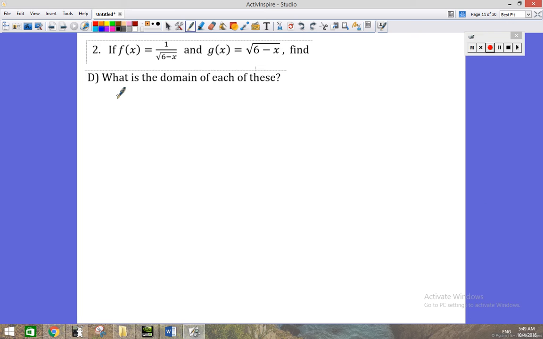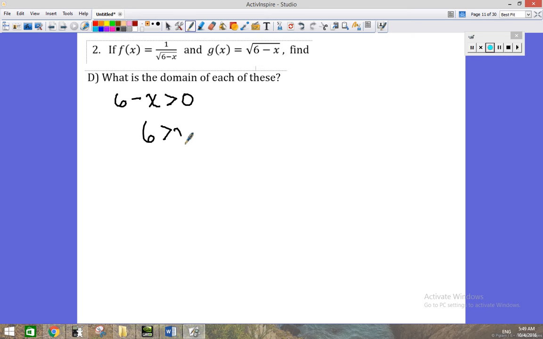So I'll need the domain of f. In the domain of f, I see a radical, a variable underneath a radical, and I also see that variable in the denominator. So I've got 6 minus x has to be strictly greater than 0. I can't allow it to equal 0 because it's in a denominator.